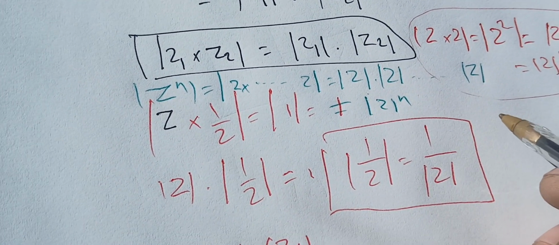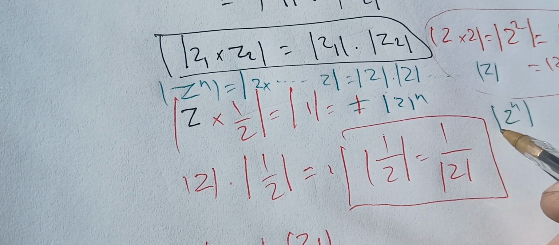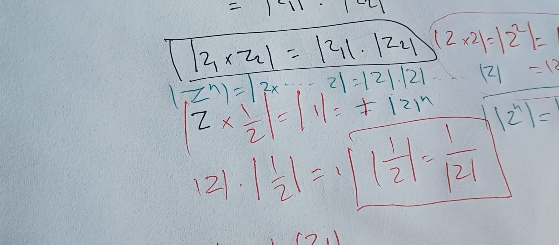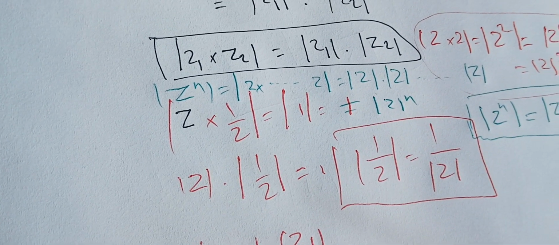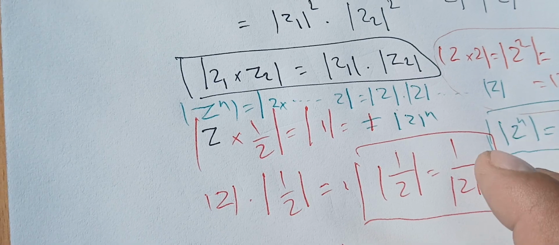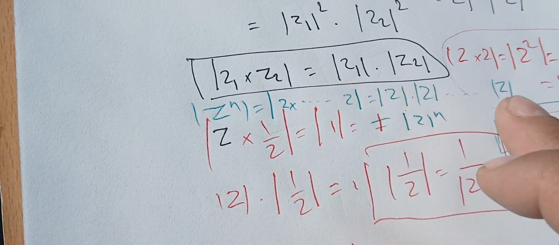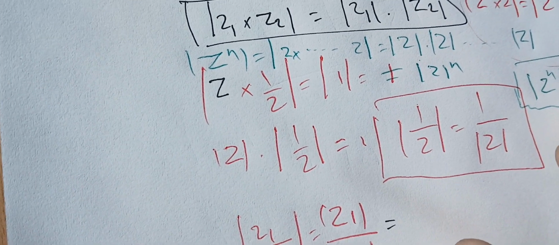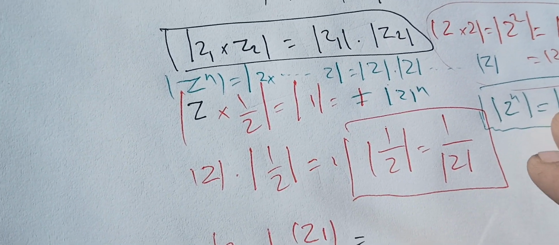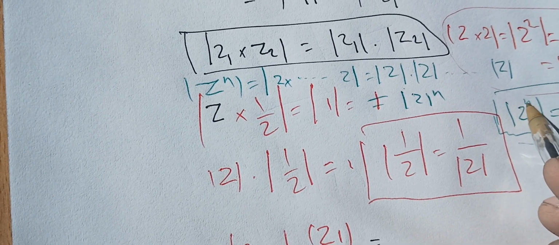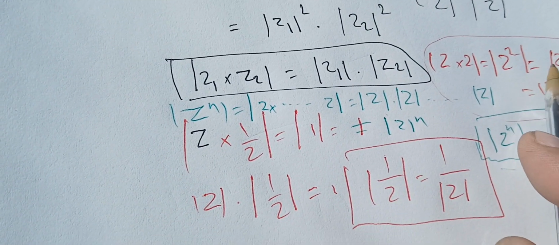So we have proven that the norm of z to the power n is the norm of z to the power n. Again, we need the concept of mathematical induction to prove this result. But from here we get this result here. This is very important to have in our mind, because solving many problems will rely on this one.